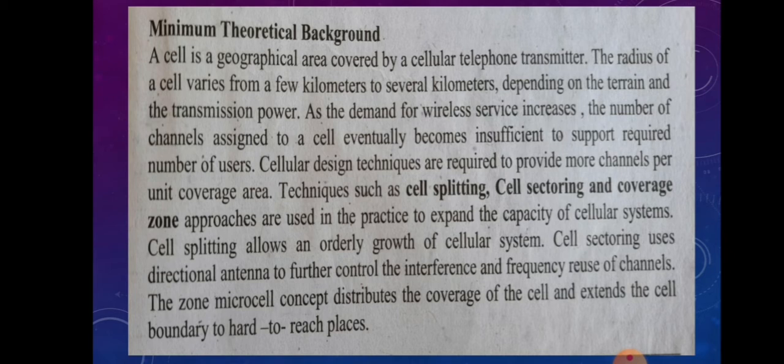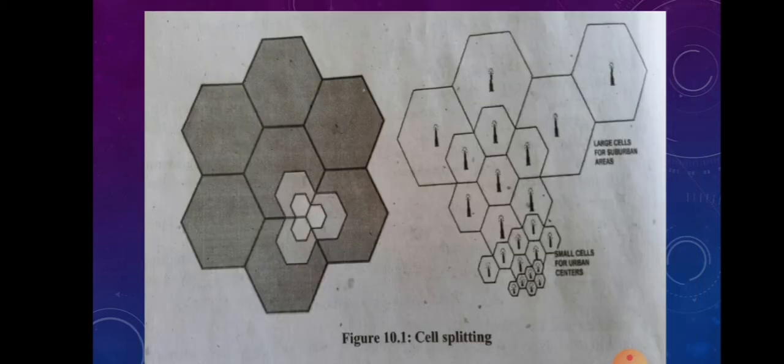Now, cell splitting is the process of subdividing a congested cell into smaller cells, each with its own base station and a corresponding reduction in antenna height and transmitter power. Cell splitting improves the capacity of the cellular system since it increases the number of times the same frequency channels are reused. By dividing new cells between the existing cells, capacity increases due to the additional number of cells per unit area.